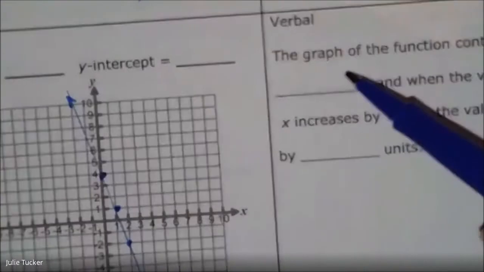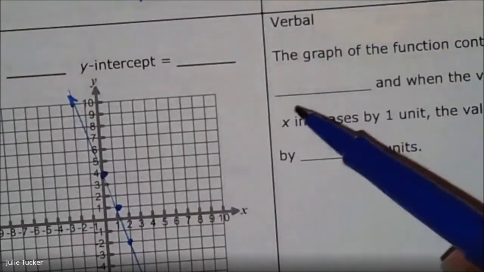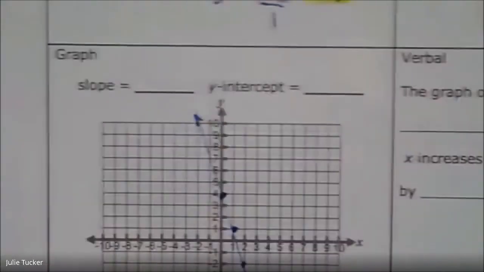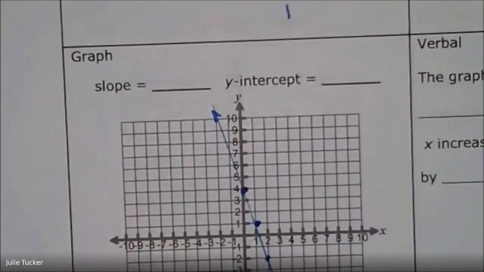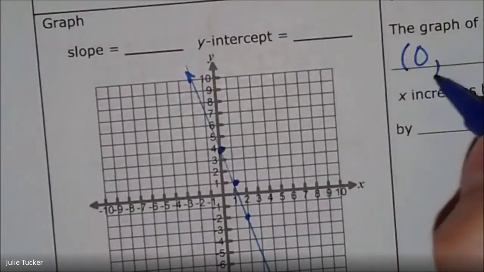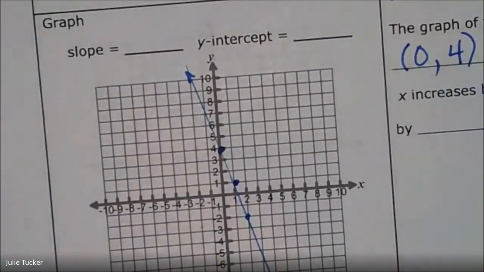Next, the graph of the function contains the point blank. And when the value of x increases by 1 unit, the value of y decreases by blank. We're going to put the coordinates of the y-intercept here. 0, 4.